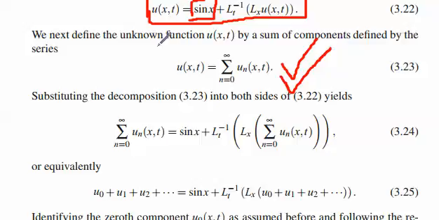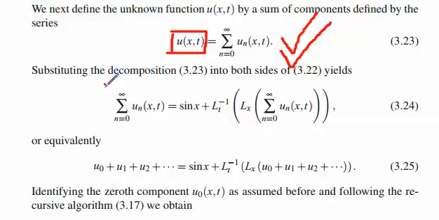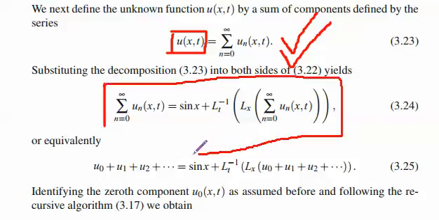And you can see here this unknown function is equal to, or we assume that this is equal to, the series of u_n of x, t. So in the next step we also substitute this in the above equation. So the above equation 3.22 reduces to this form in series form. So this is exactly now the series form of the above equation.